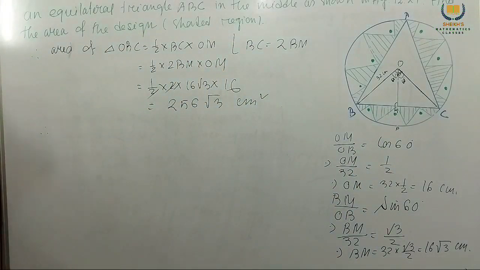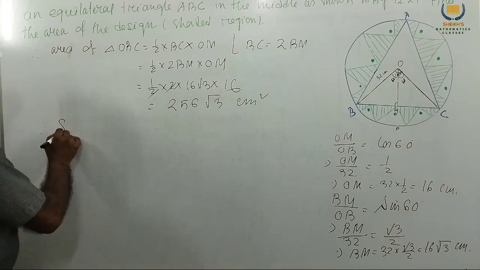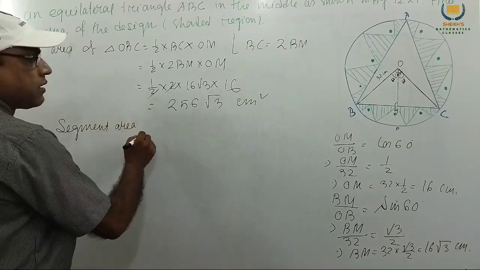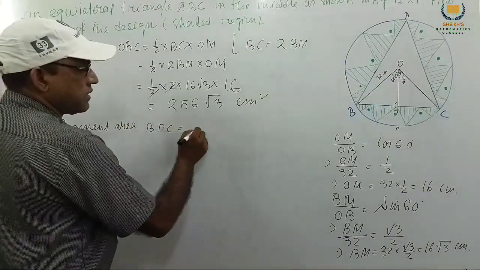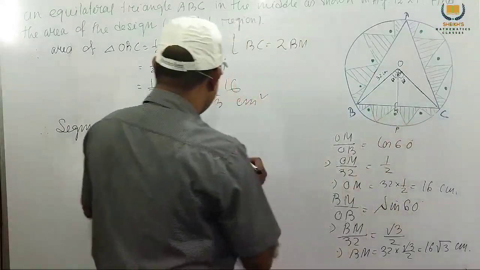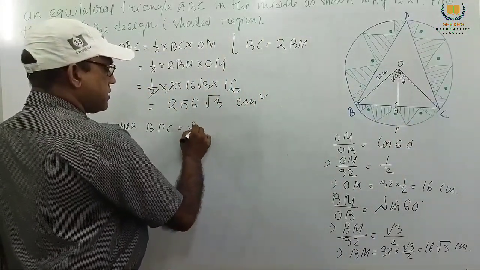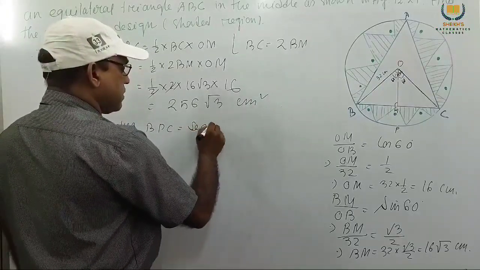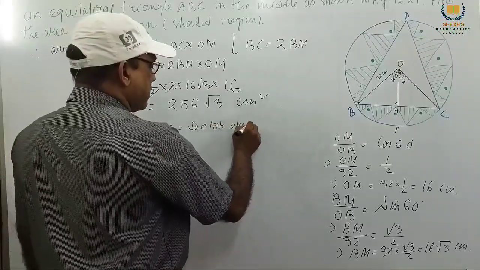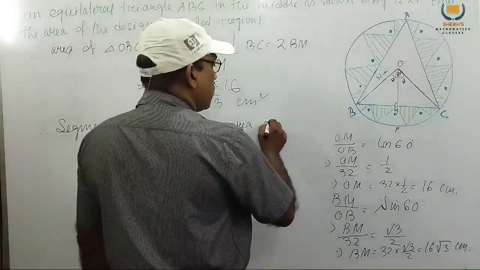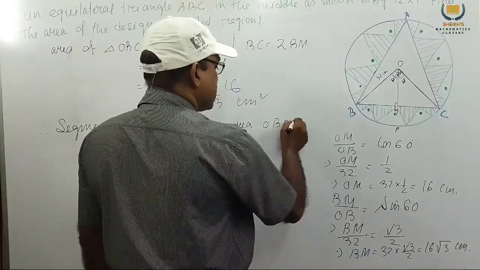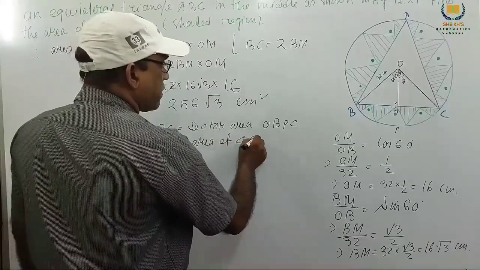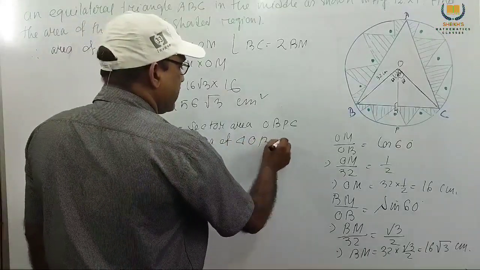Therefore segment area BPC equals sector area OBPC minus area of triangle OBC.